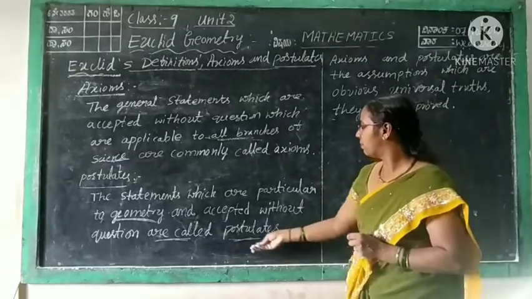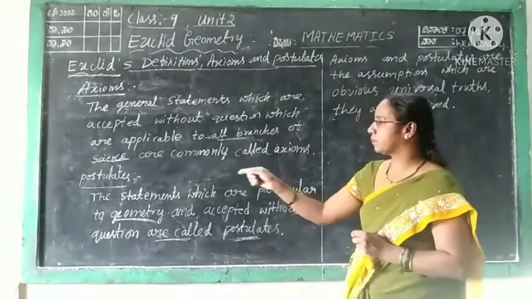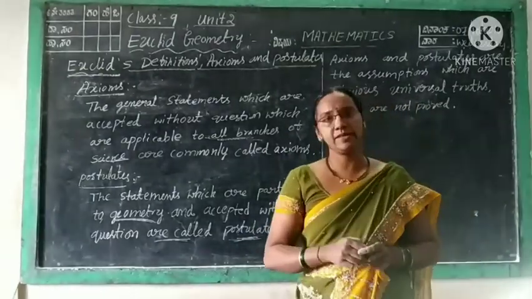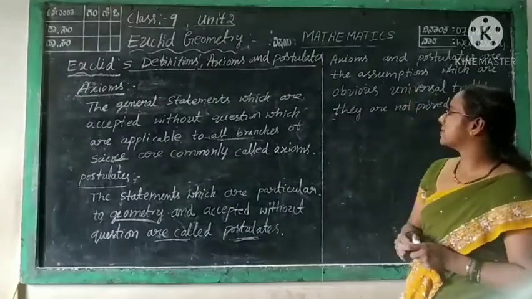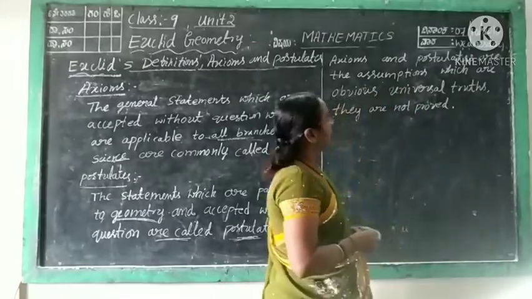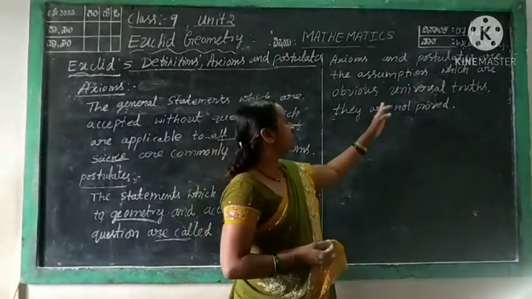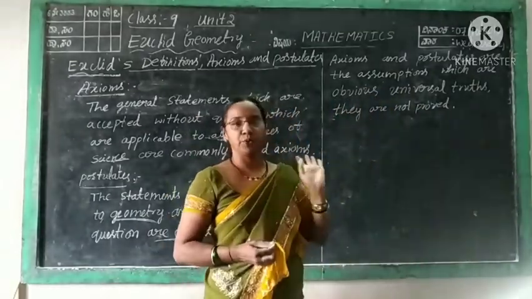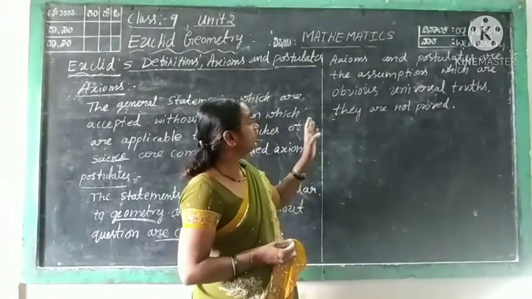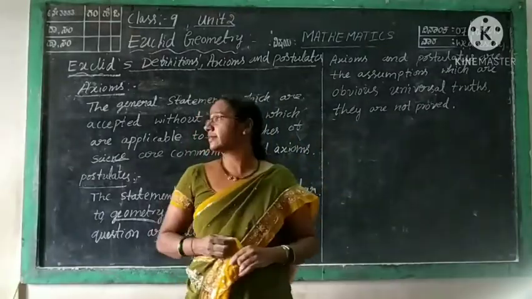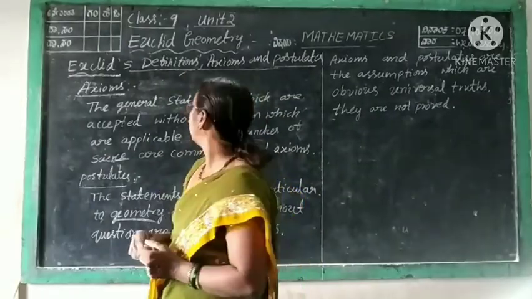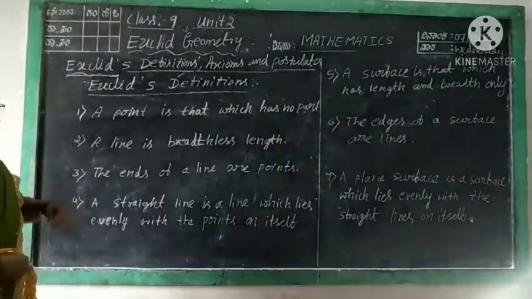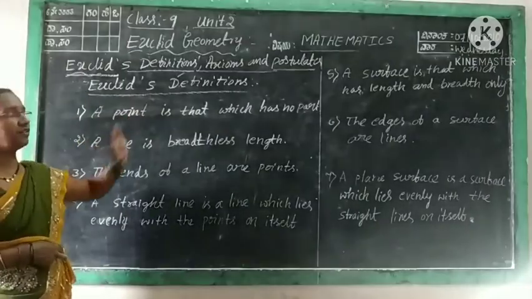Axioms and postulates are assumptions which are obvious universal truths. Then we discuss the first part, Euclid's definitions. We shall study Euclid's definitions first.